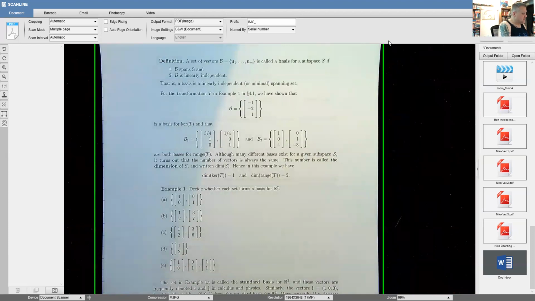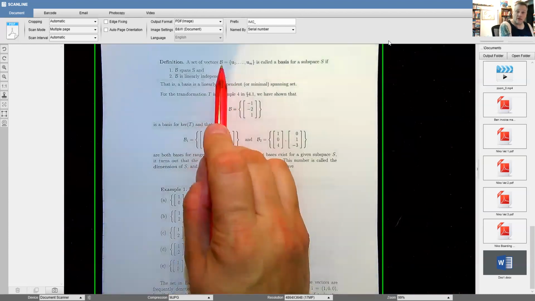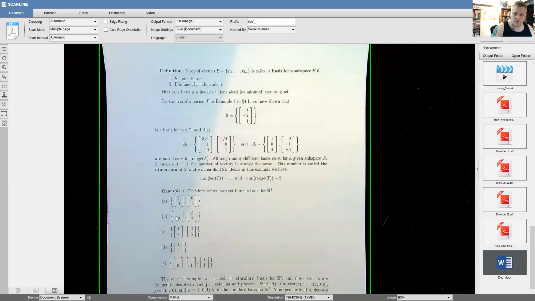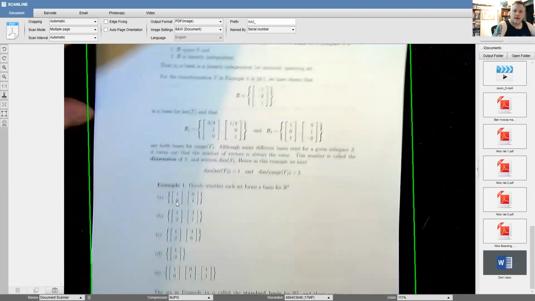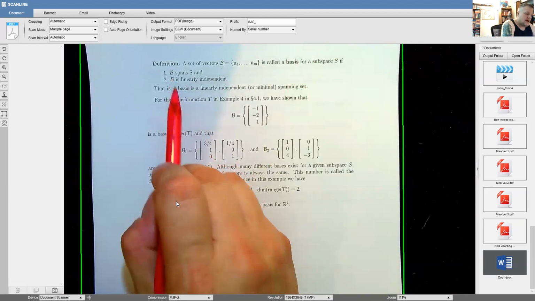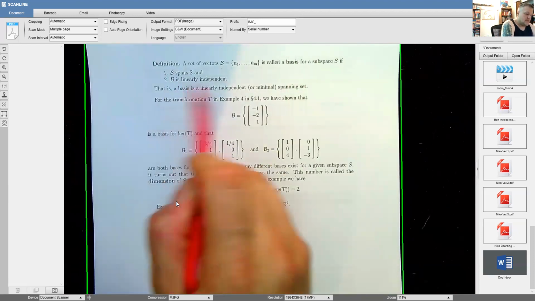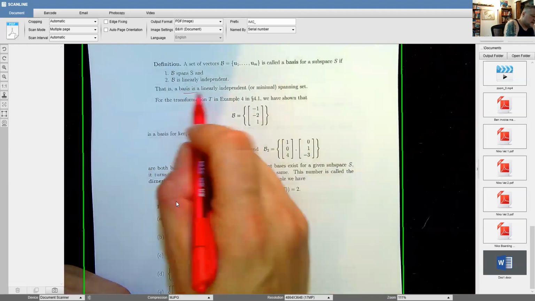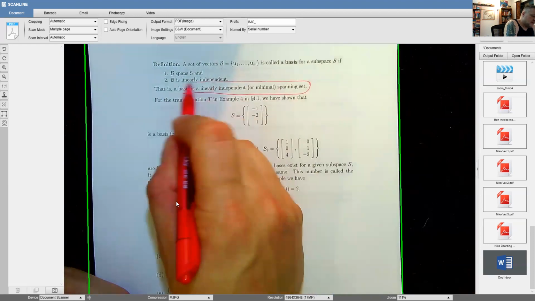All right, so a set of vectors, we'll call it B for basis, is a basis for a subspace S if what I said just happens. It spans S and the vectors are linearly independent. All right, so it's a linearly independent spanning set.